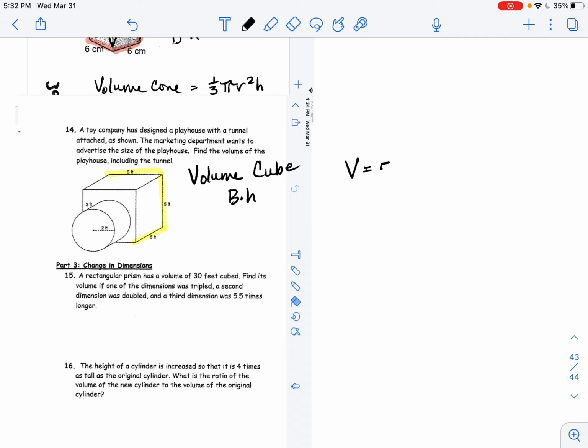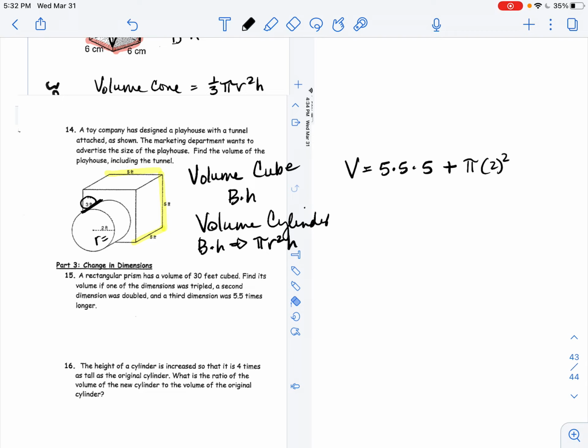I'm just going to go ahead and start setting this up. 5 times 5 times 5 plus the volume of a cylinder, which is base times height, and this time our area of our base is a circle, so pi r squared times h, and we can see that the radius is equal to 2, so plus pi times 2 squared, and then the height, it's shown right over here, that's going to be times 3. All right, so this is what goes into your calculator.